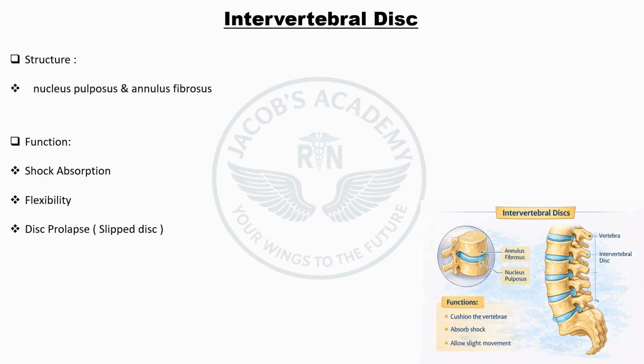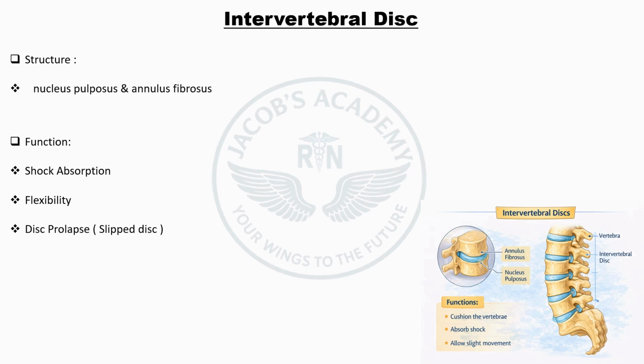A very important clinical condition related to the intervertebral disc is disc prolapse, also called a slipped disc. Disc prolapse occurs when the nucleus pulposus bulges through a weakened annulus fibrosus.